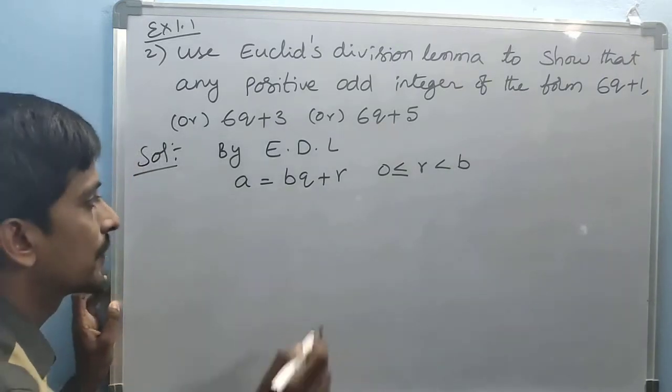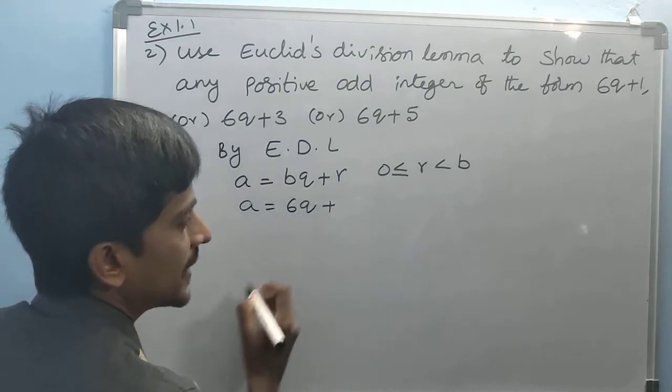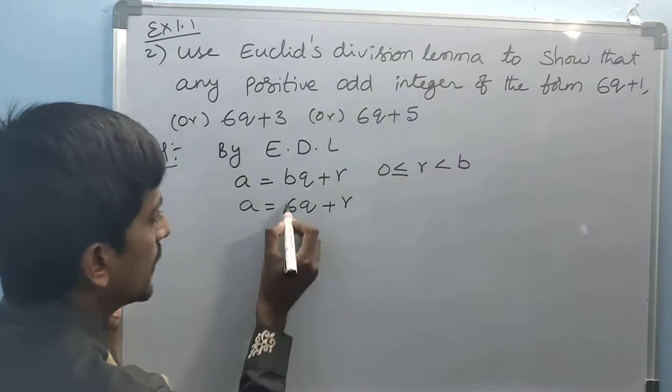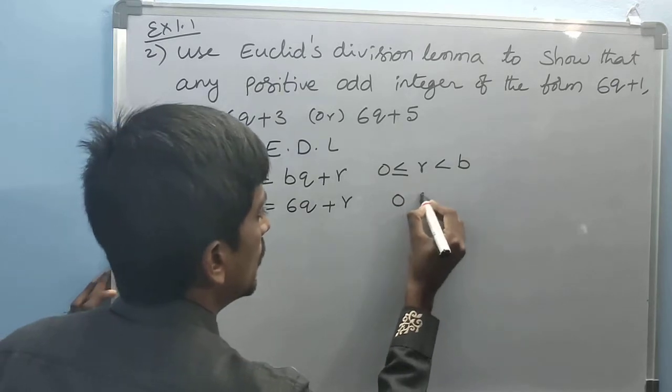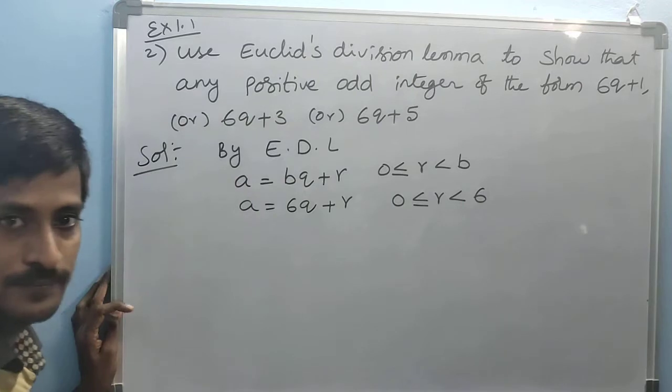You take A equals 6q plus R. Here, what is the value of B? B equals 6. So 0 is less than or equal to R, less than 6.